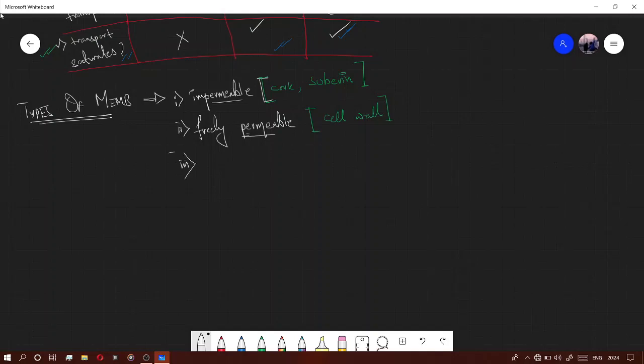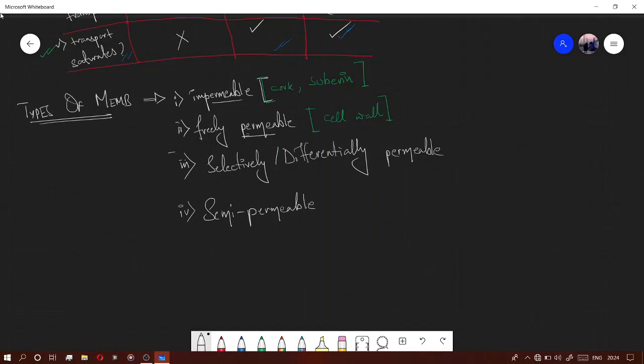Now here is the main problem that arises. There are two types: selectively or differentially permeable, and the other one is called semi-permeable. The semi-permeable membrane is the one known as SPM.